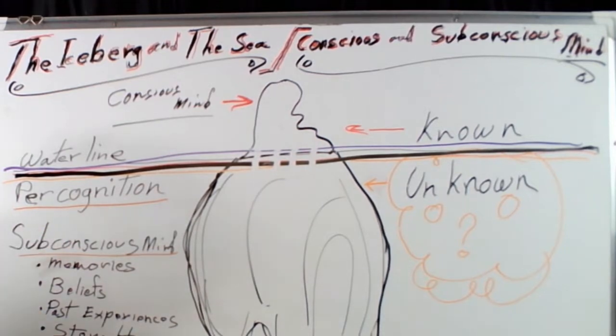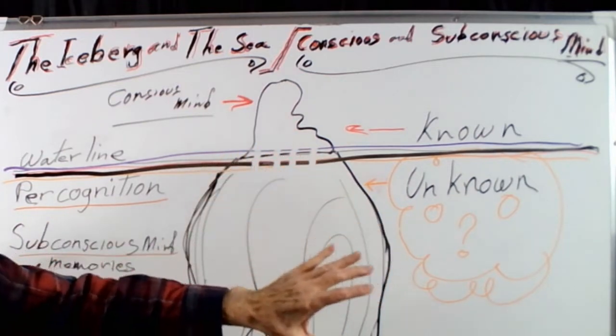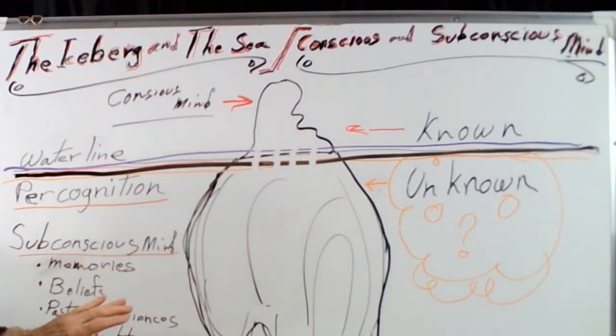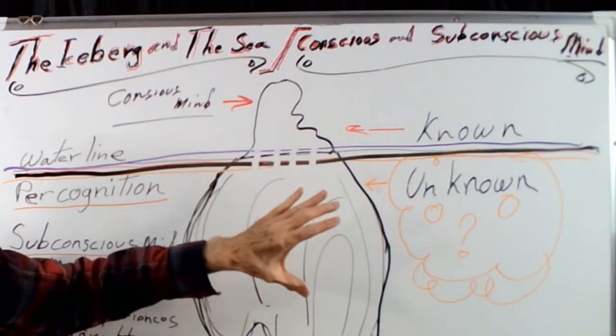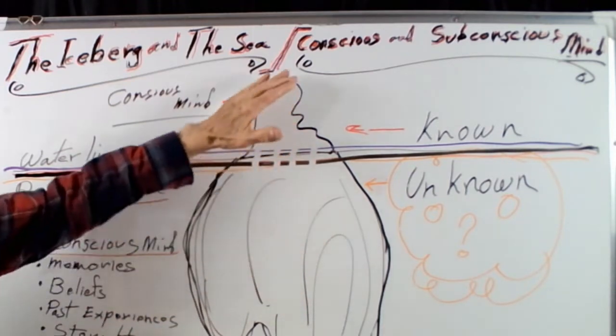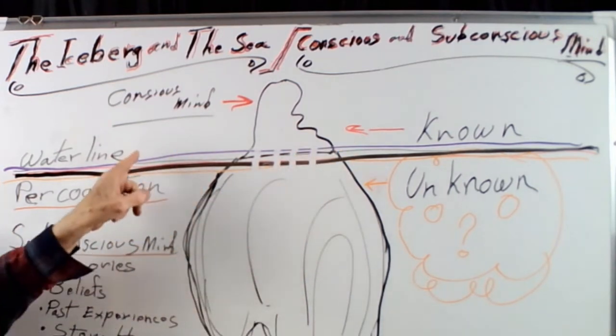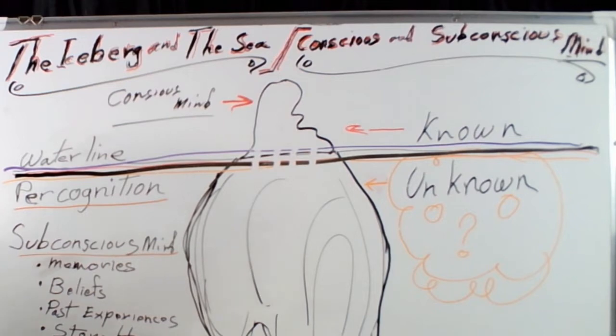In the iceberg, scientifically, if you got fresh water, ice, and you got salt water, sea, you're going to have about 90% of the total iceberg under the waterline, and about 10% on top.